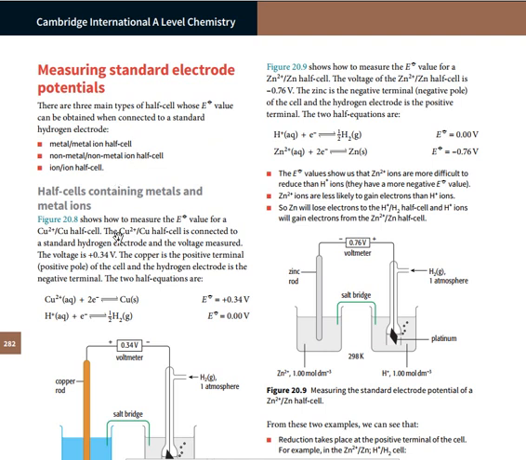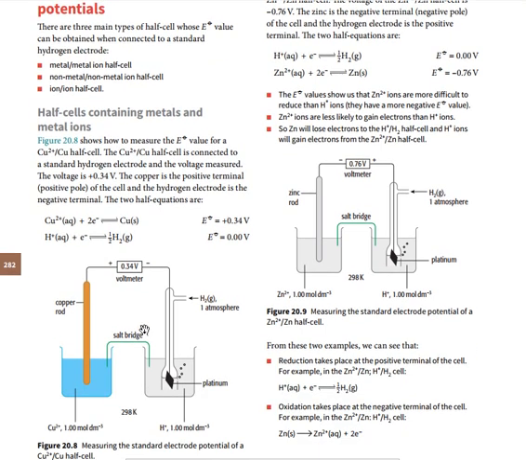And the question is, why did I say with respect to the hydrogen electrode? I said so because you are not capable of calculating the standard electrode potential if you don't use a certain reference. Voltage cannot be calculated without a reference point.